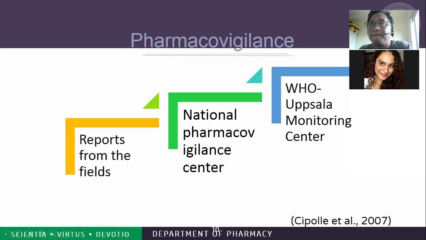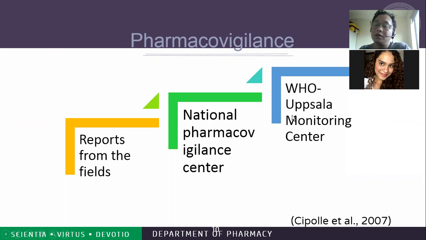Some of them may have sentinel centers that have a kind of cooperation with universities and so on. So they have pharmacovigilance centers, not only a centralistic pharmacovigilance center, but can also be decentralistic. And globally we have the WHO Uppsala Monitoring Center.